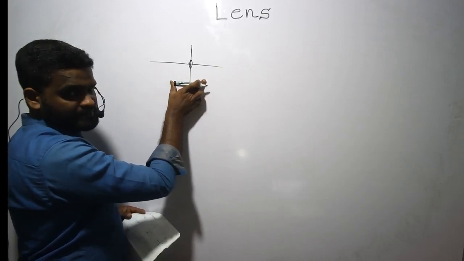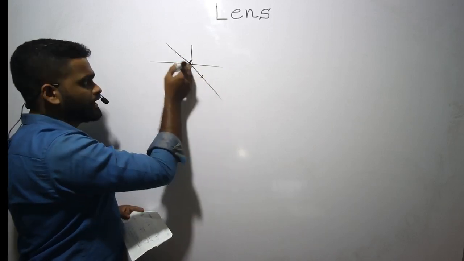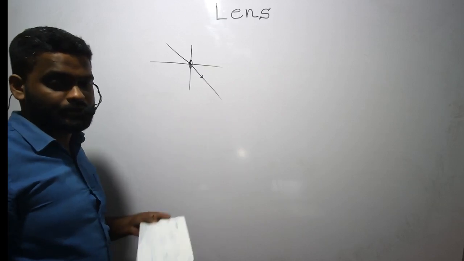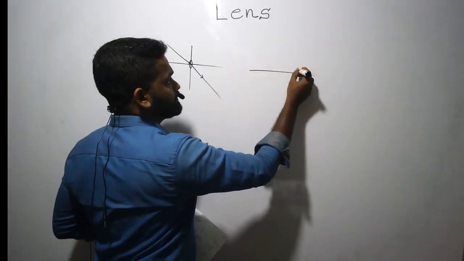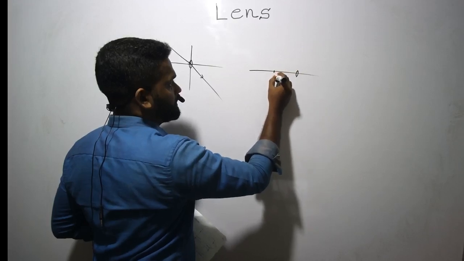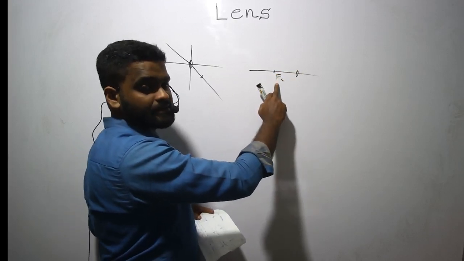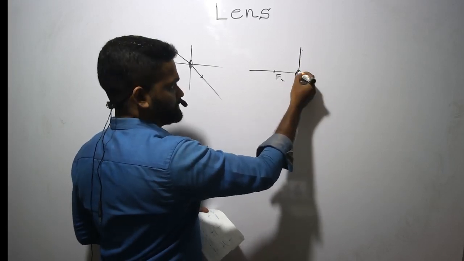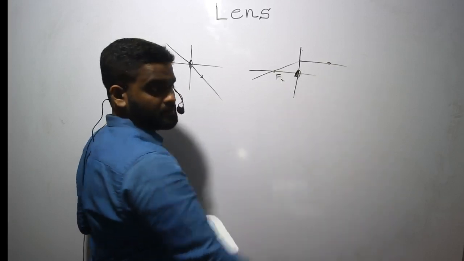A convex lens, and a ray which goes through the optical center. It doesn't deviate. So we already used that. Another type of ray, if the ray goes through the secondary focus, what happens? After refraction, it becomes parallel.